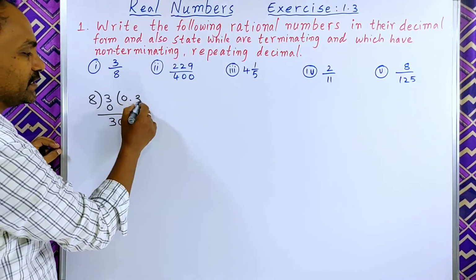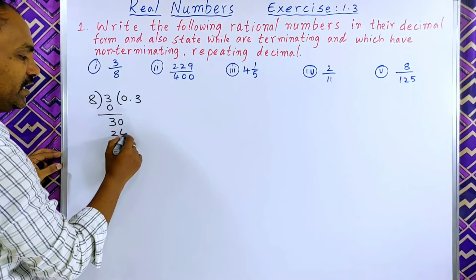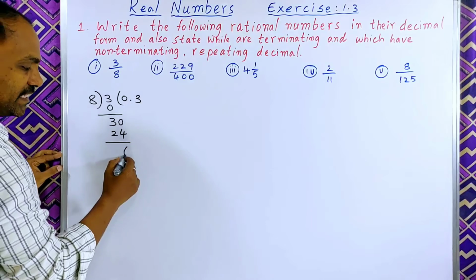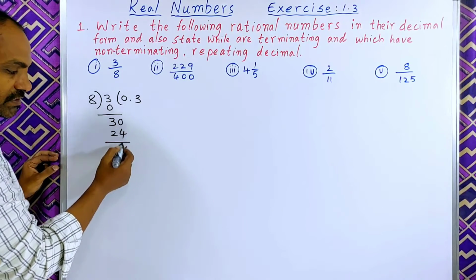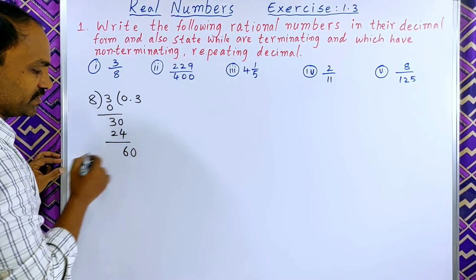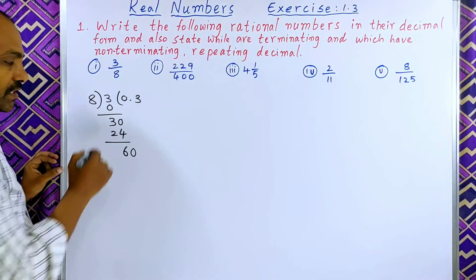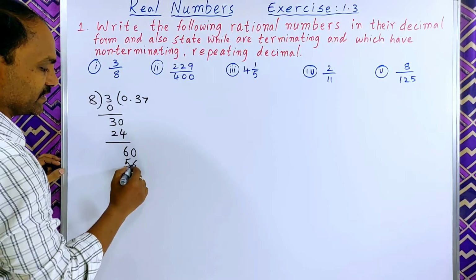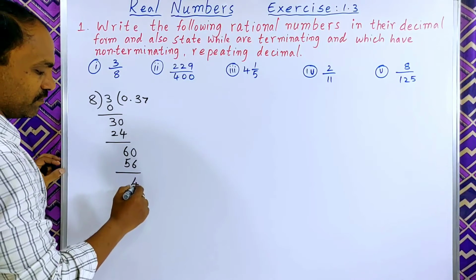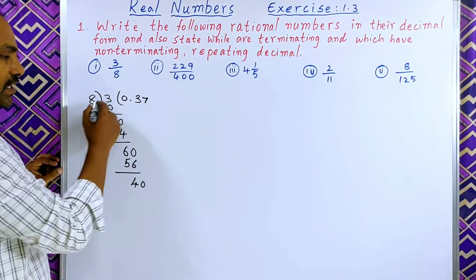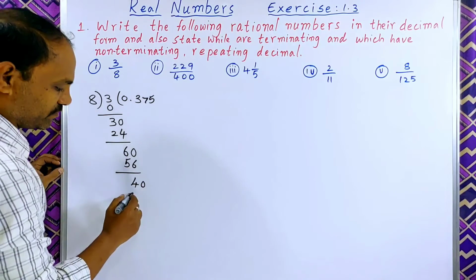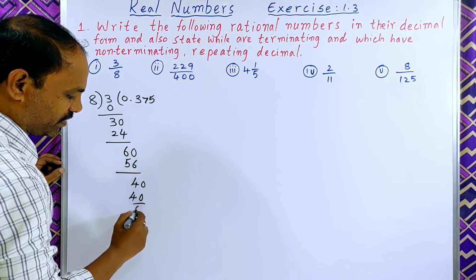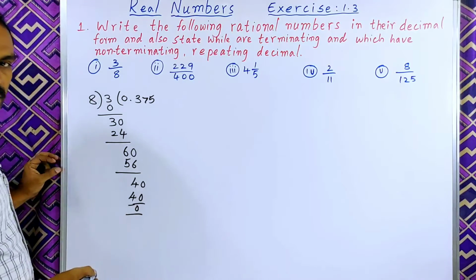So 8 3s are 24, 30 minus 24 is 6, and then put 0 again. 8 7s are 56, remainder 4, again 0. 8 5s are 40. Now the remainder is 0.